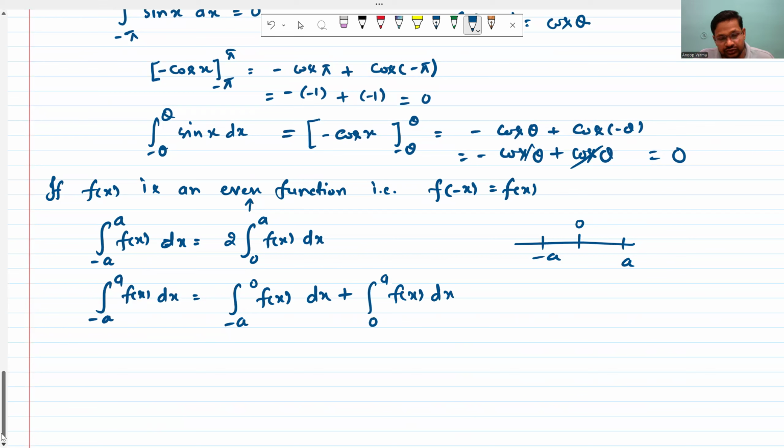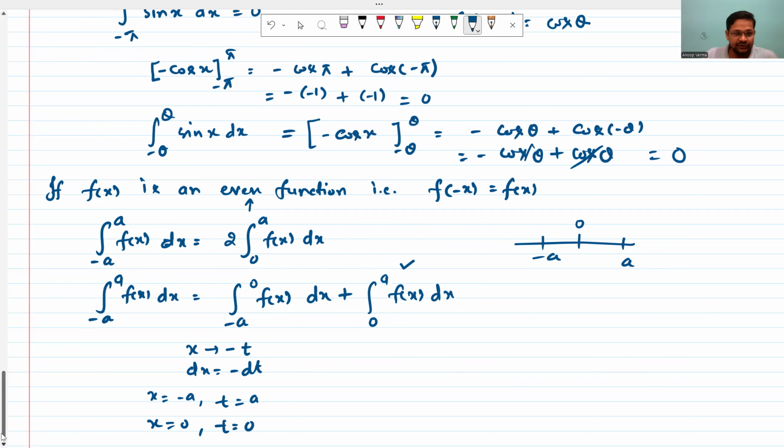There is no need to do anything with this expression. We have to do something here. What we do is simply replace x with minus t, so dx will be equal to minus dt. When x is equal to minus a, t becomes a, and when x is equal to 0, t becomes 0.